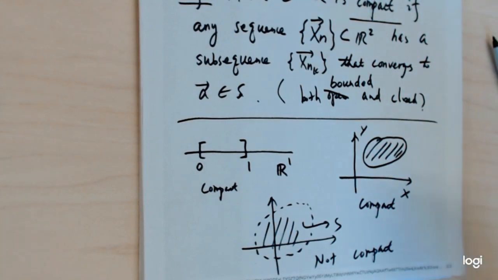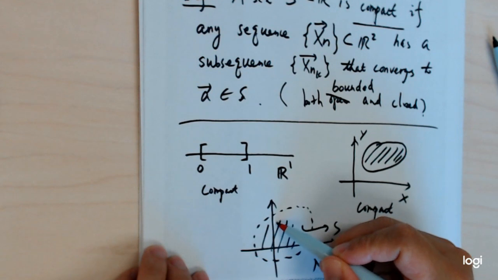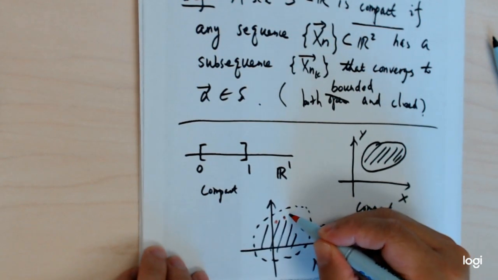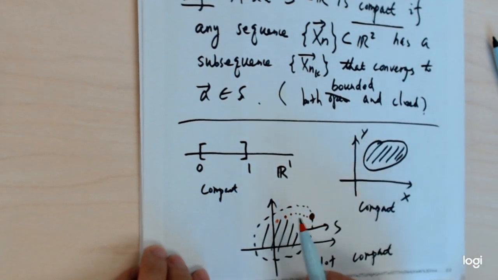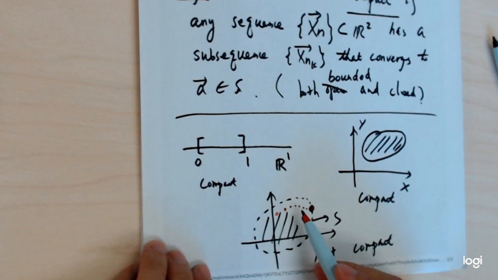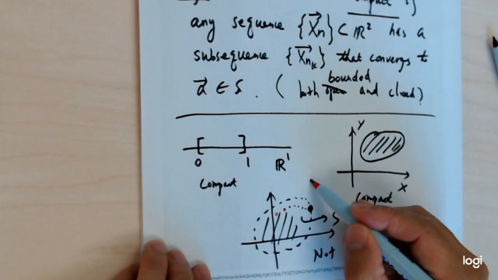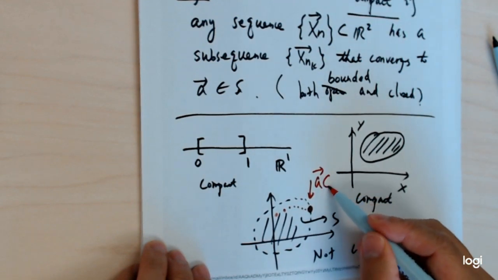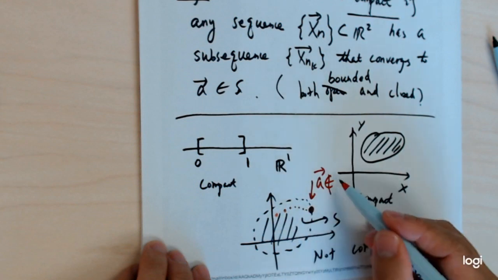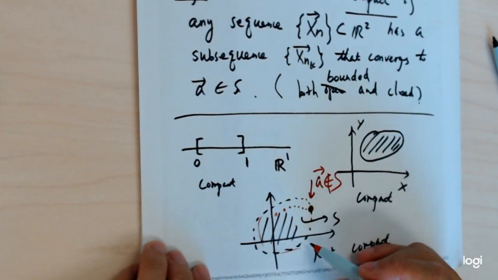What if I pick a sequence that goes like this? Okay, what if I pick a sequence that looks like this? Here's one point, here's another point, and it's getting closer and closer to some point on the boundary. So for this sequence, did you notice? Yes, there will be a subsequence that converges, but the limit point A is not part of S because we have removed the points along the boundary.